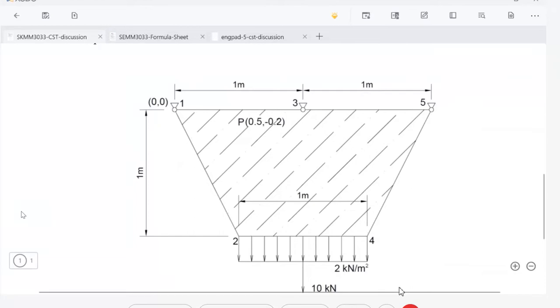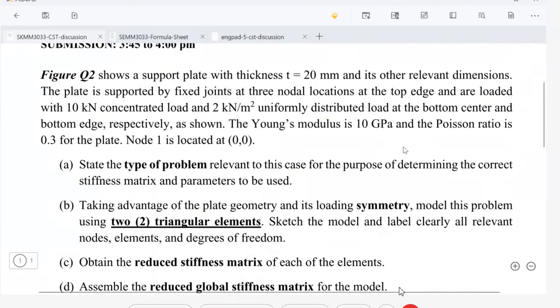A 2D element has an area, and since you have the thickness of 20 mm, what you have is the volume of the plate.